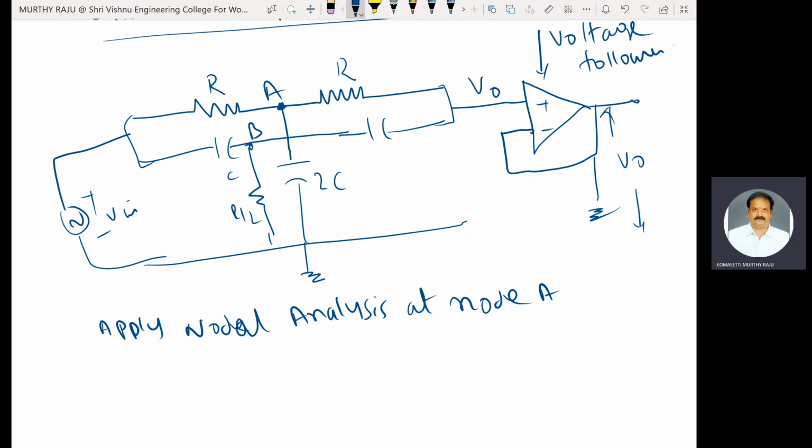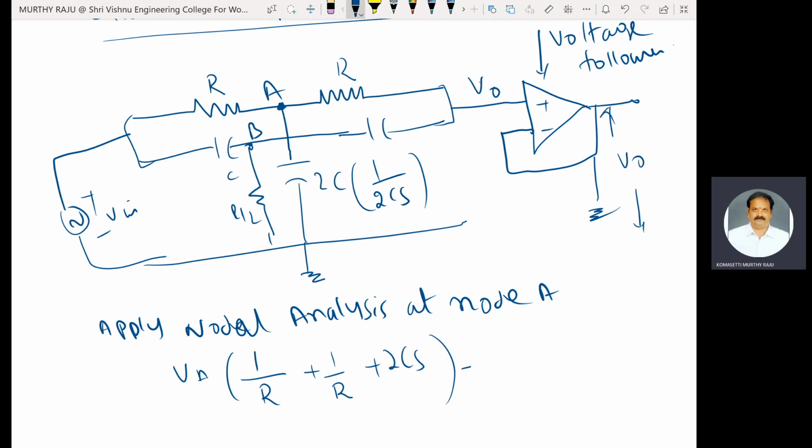At node A, that is VA into the resistances connected to this node, R and R. Consider admittances 1 by R plus 1 by R plus 1 by 2 CS, which means plus 2 CS.